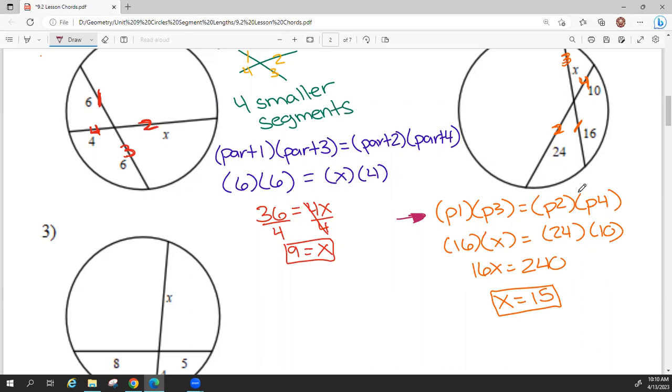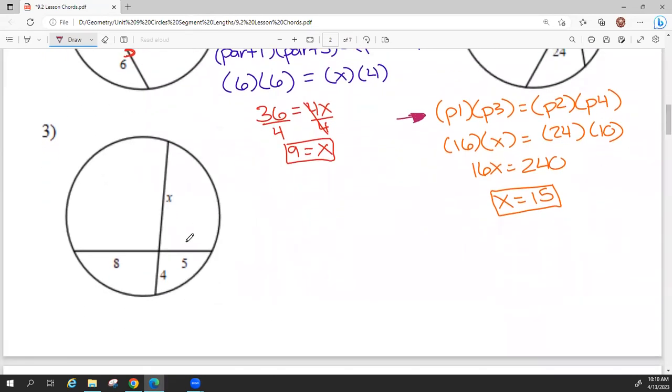Writing a relationship, marking up a picture, showing all our steps and practicing our algebra, that's what reinforces these ideas so that we can do it quicker and easier in the future. And I will go again. I have part 1, 2, 3, 4. And again, just by chance, part 4 is 4 units long, so just be careful.